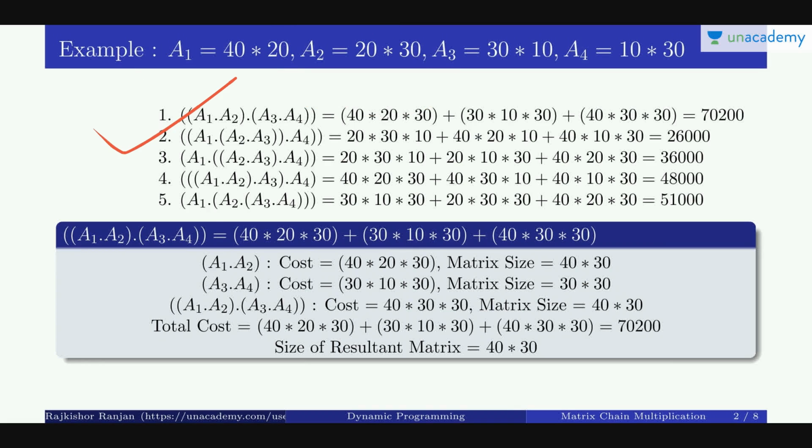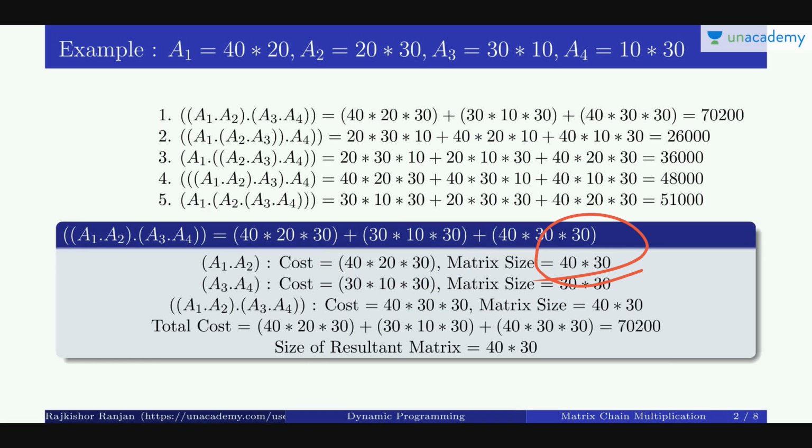In the first configuration, first we are multiplying matrices A1, A2, then A3, A4, and then we are multiplying the matrices formed after those multiplications. The multiplication cost for A1 into A2, as the size of A1 is 40 into 20 and the size of A2 is 20 into 30, would be 40 into 20 into 30, and the matrix size would be 40 into 30.